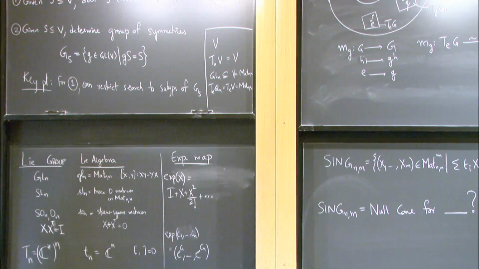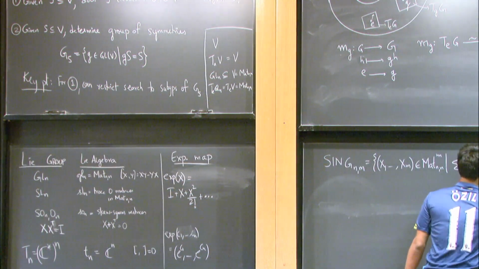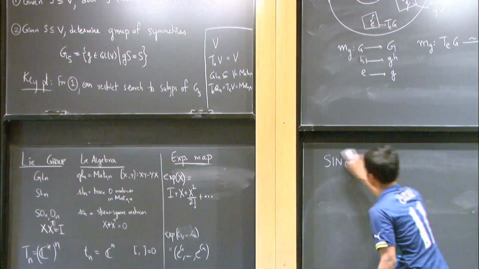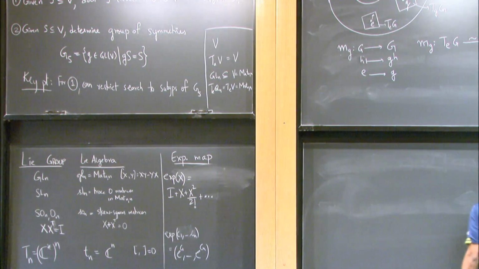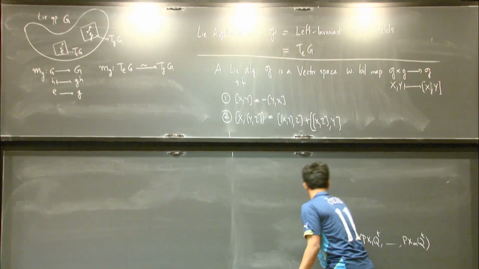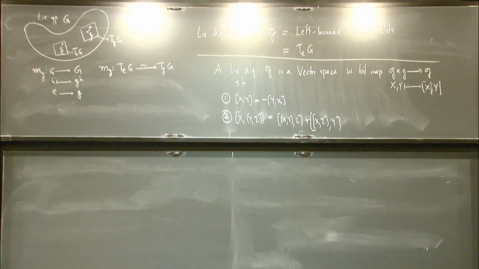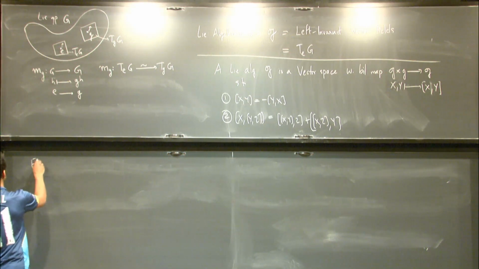Okay. Now I'm going to tell you one more feature of this Lie algebra, and one that tells you why it's good to understand the Lie algebra. Why you can understand a lot of the Lie group with just the Lie algebra. So what did I want to say? Okay. So this is what's called the exponential map.